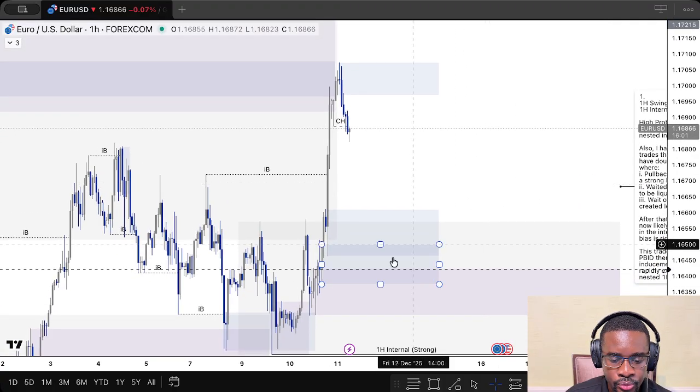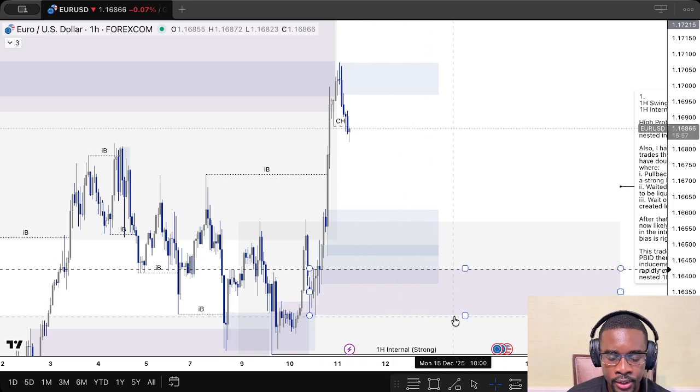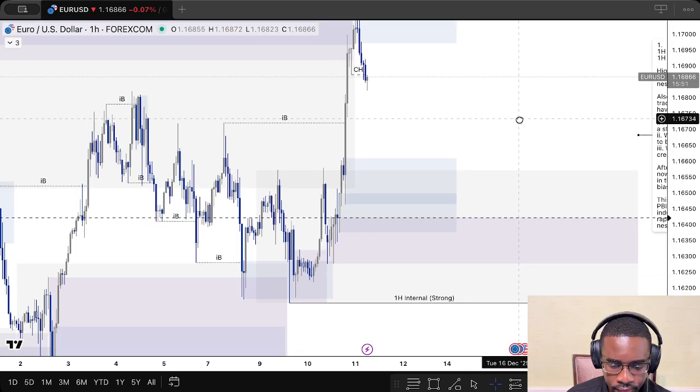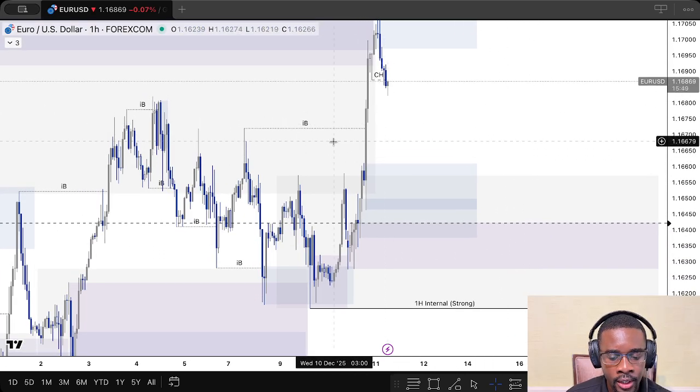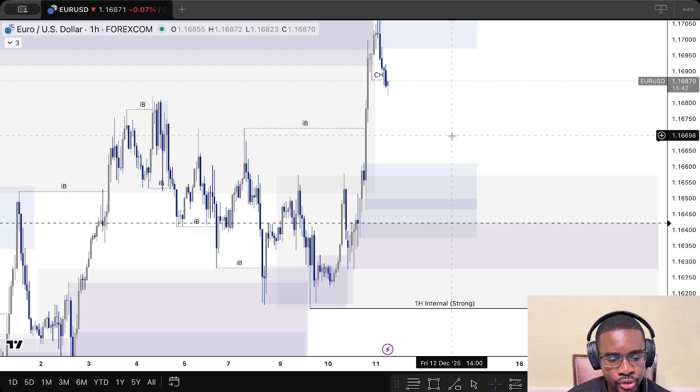Or you can simply just wait for confirmation. Once we mitigate, then we have a new demand area formed, break of structure or something, and then you take the reaction. Now we have our entry time frame aligned with our medium time frame. The medium time frame has been bullish.